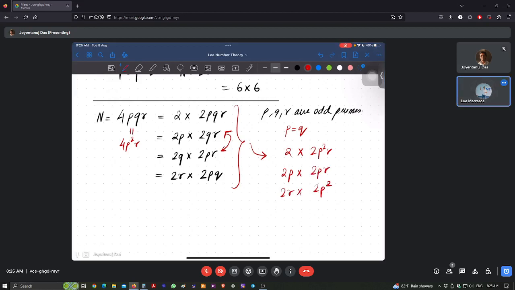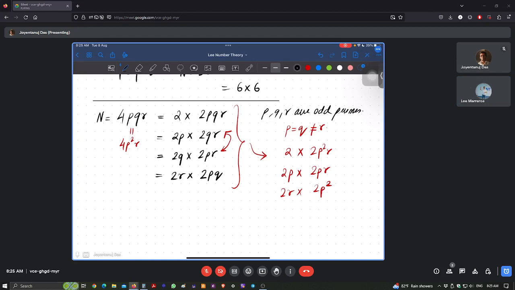Now P and Q are the same, and they are not equal to R, so R has to be distinct. What is the smallest number we can choose? 3, right? P and Q we can choose 3.